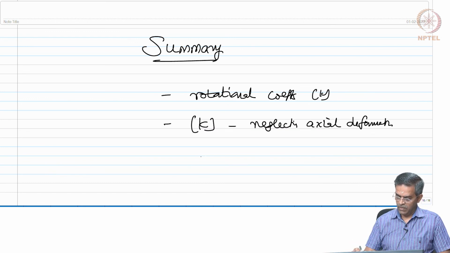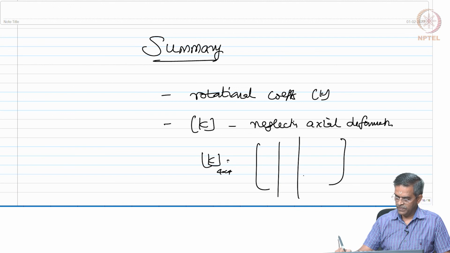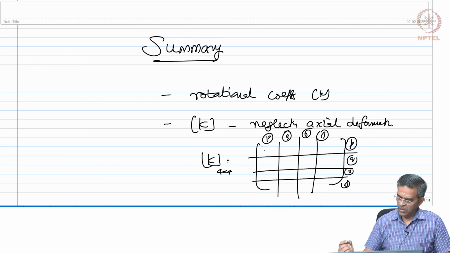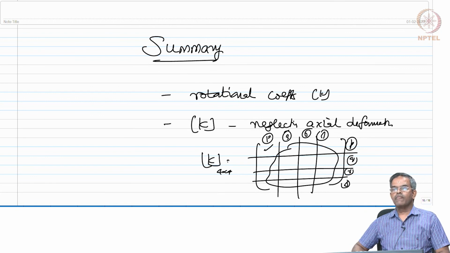And we learned that K, which is 4 by 4, is very easy to write. If you know this label P, Q, R and S, if I know this value, I can keep on writing the remaining all very easily based on this.